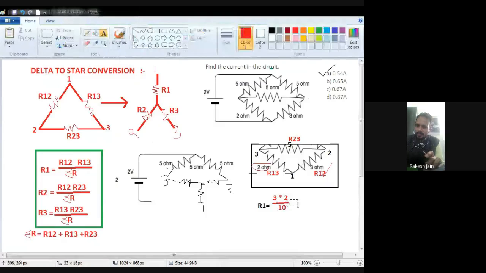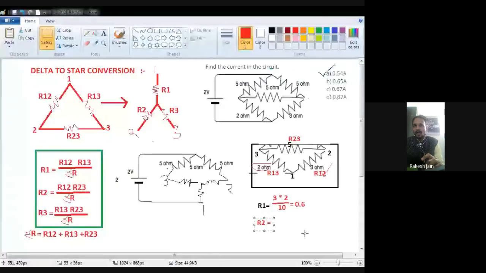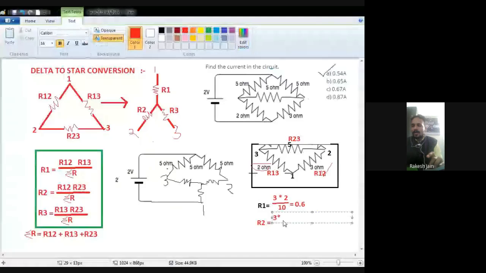This one is the third node, this one is the second node. So at the second node one resistance will become, and at the third node the third resistance will become. Because I rotate the delta network according to the question, my star network is also rotated.